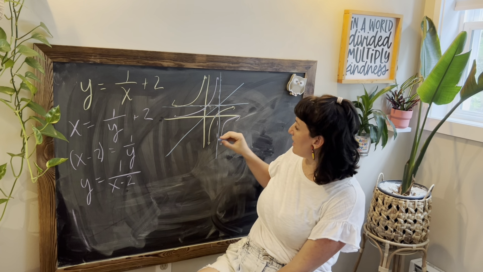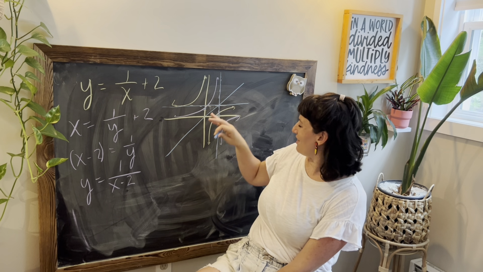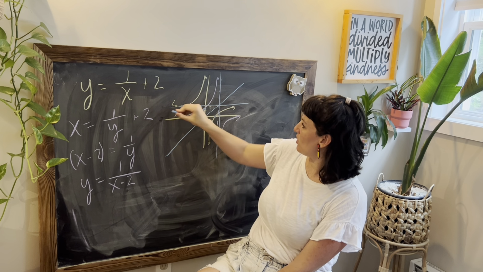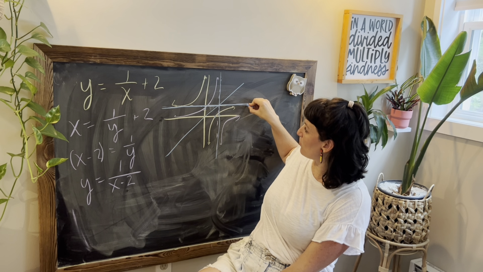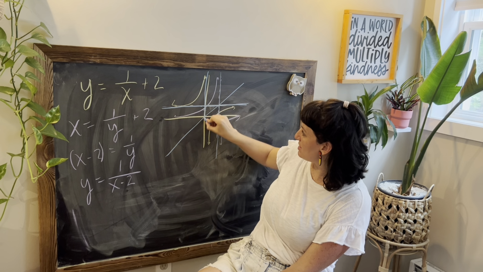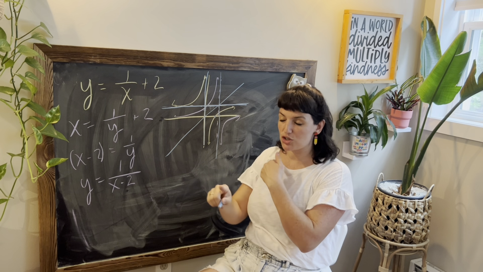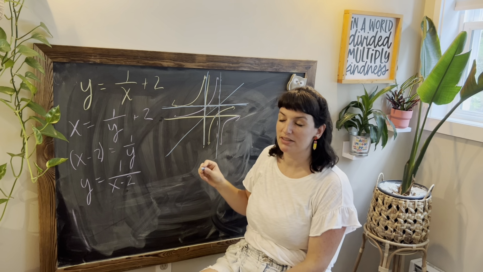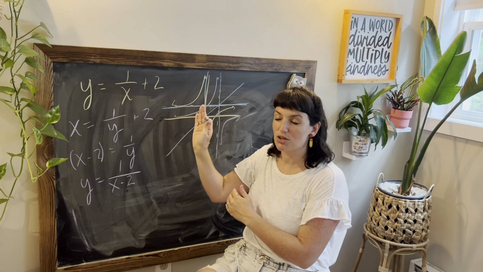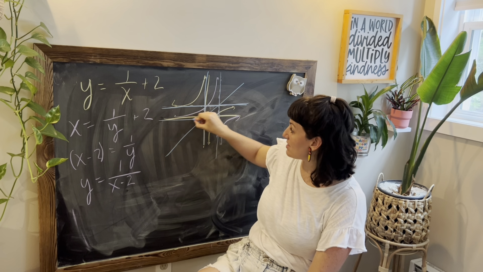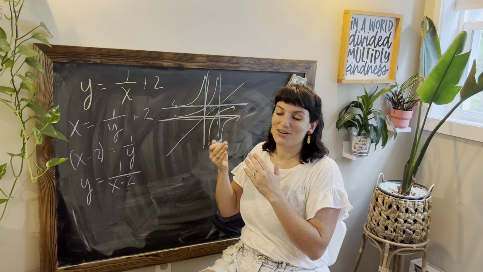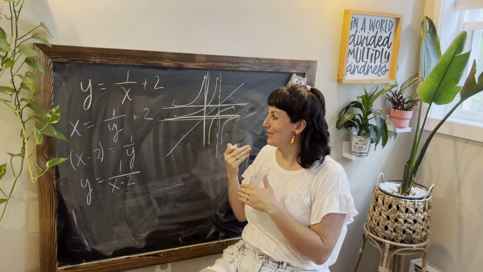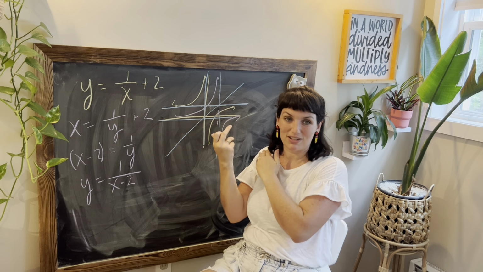So what am I saying? The yellow one has a horizontal asymptote of 2 and a vertical asymptote at 0. Now switch those. The purple one, instead of the vertical asymptote at 0, has a horizontal asymptote at 0. And instead of a horizontal asymptote at 2, it now has a vertical asymptote at 2.